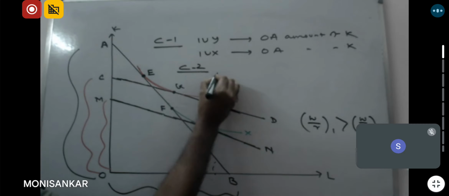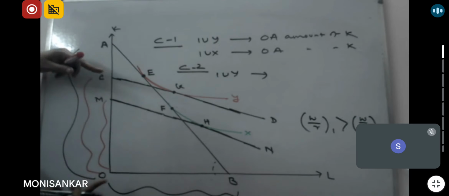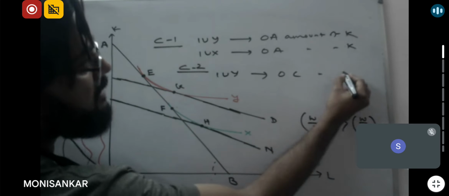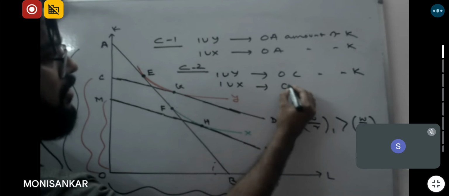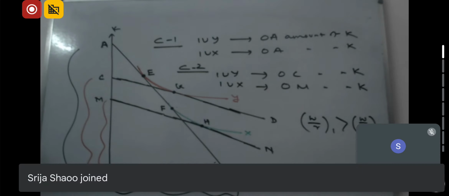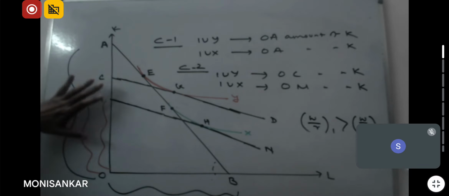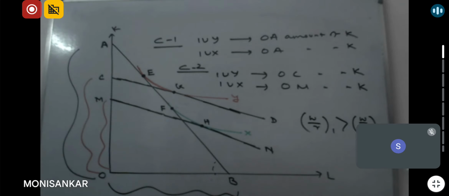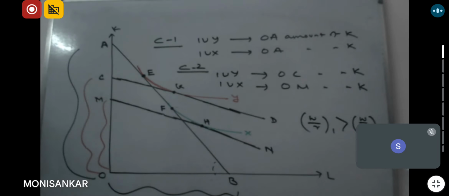Now for country 2, to produce 1 unit of Y, G tangency, so CD is your isocost line, OC amount of capital, to produce 1 unit of X, OM amount of capital. Okay. So it is clear that for country 1 there is the same amount, but for country 2 Y is relatively expensive.